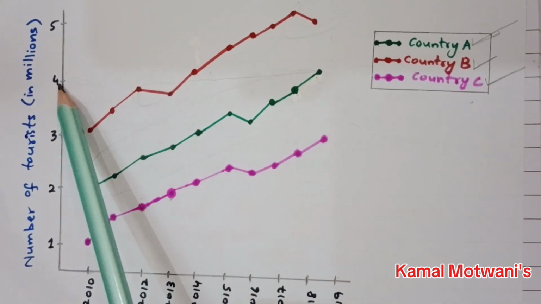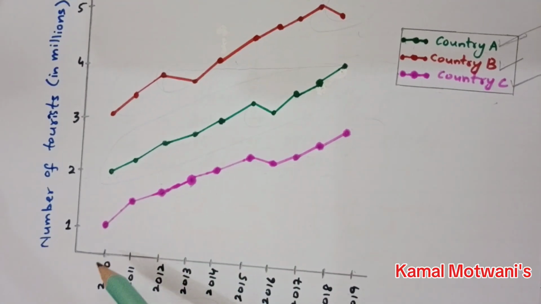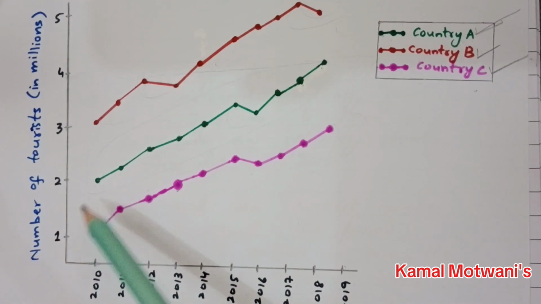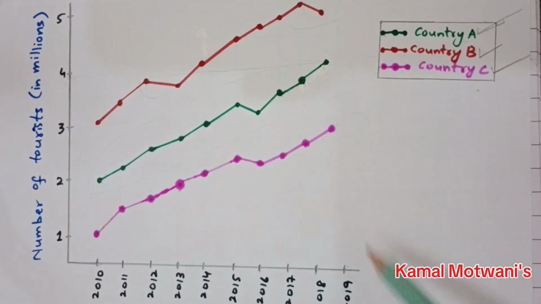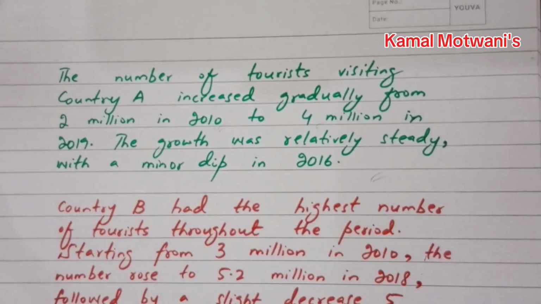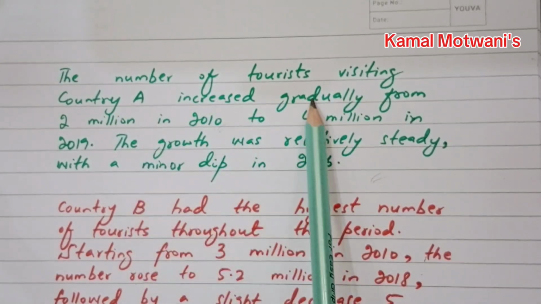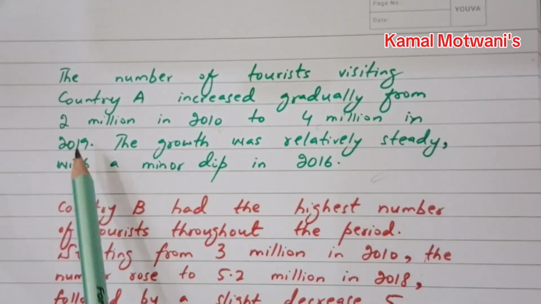You can see it. So that's what it started from, 2 million, and the peak it witnessed was 4 million in 2019. That's what I have mentioned in the first line in the third paragraph: the number of tourists visiting country A increased gradually from 2 million in 2010 to 4 million in 2019.